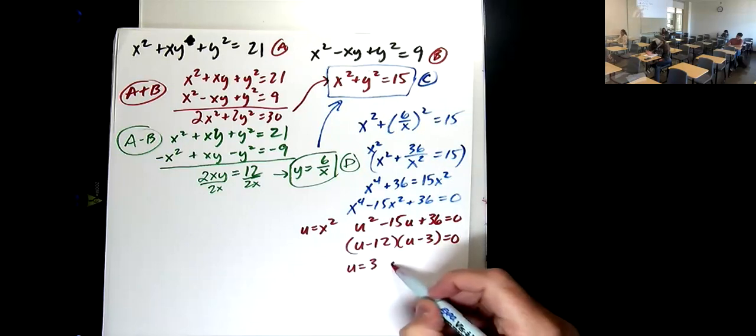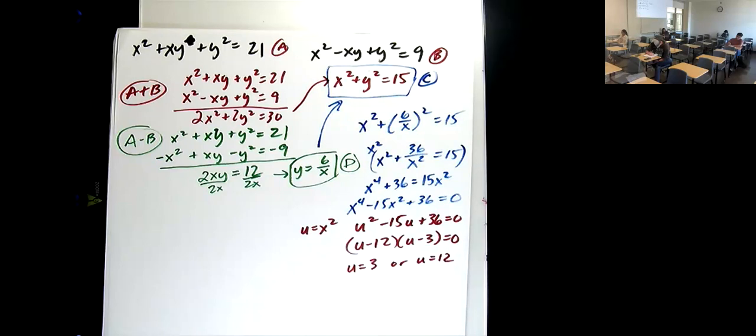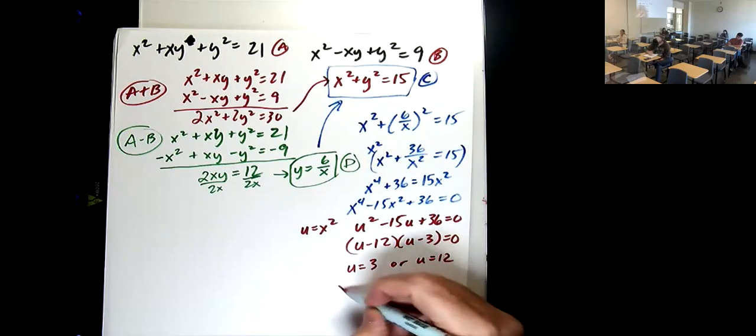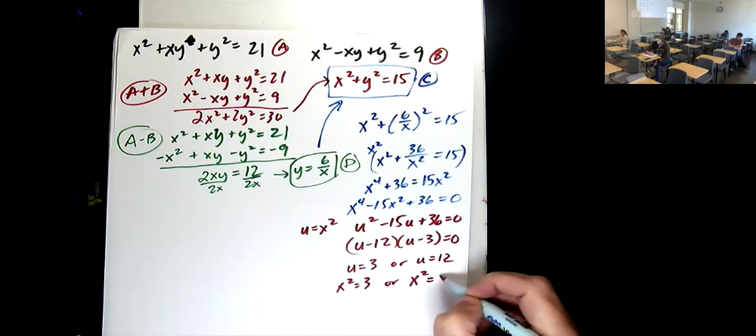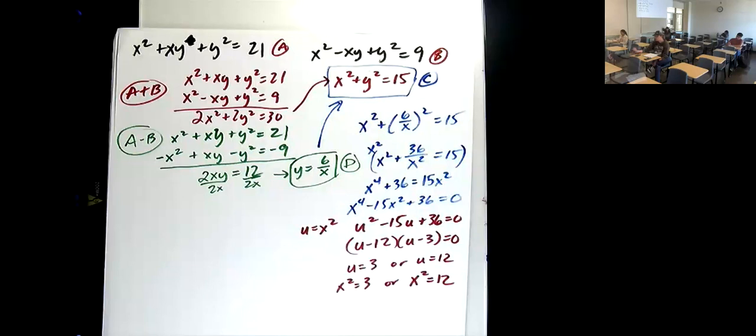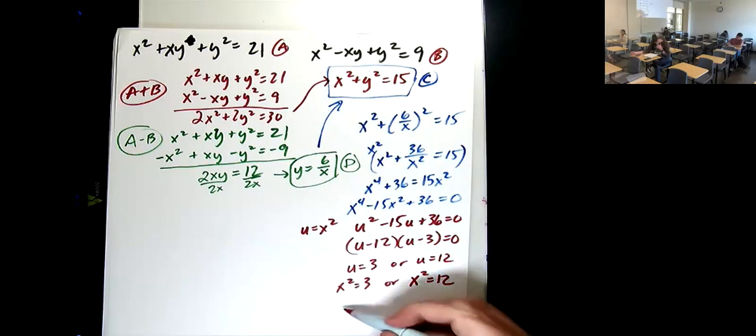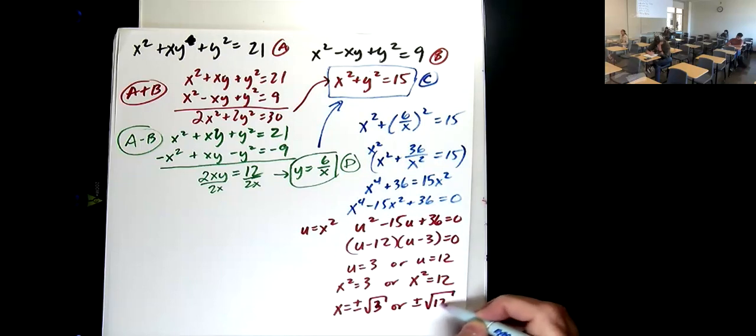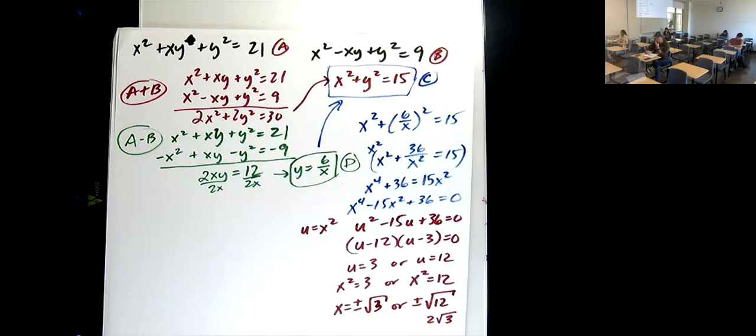So u equals 3 or u equals 12, which means x squared equals 3 or x squared equals 12. So when I take the square root, I get x equals plus or minus the square root of 3 or plus or minus the square root of 12. This is the same thing as 2 root 3, but I think I'm going to leave it as root 12 for now because it just might be easier to work with.